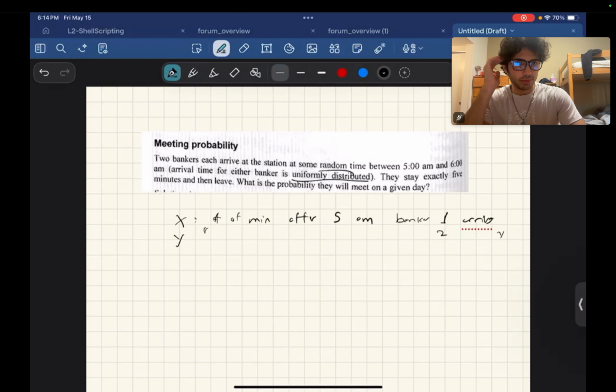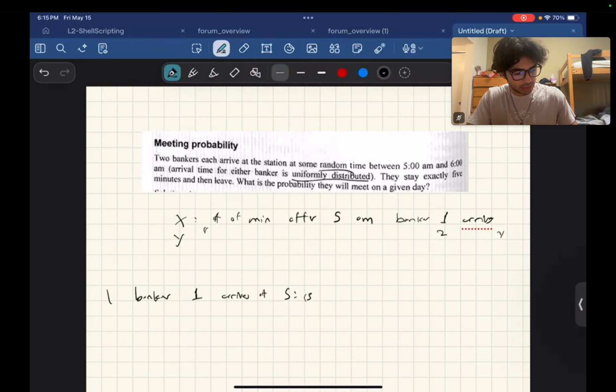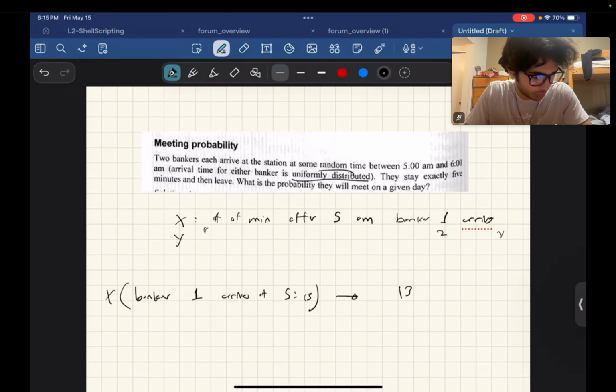So if we have the outcome banker 1 arrives at 5:13, that's in the outcome space, for example, and any time in the outcome space is equally probable. So if we have this outcome, x of this outcome will map to 13, because that's the number of minutes after 5 a.m. that they arrived. Okay, cool.